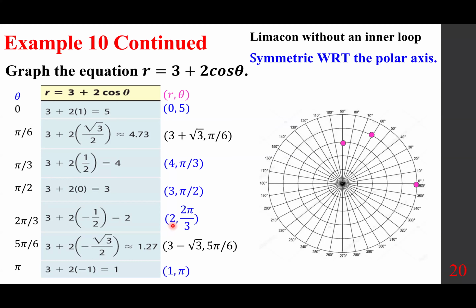Okay, 2 and 2 pi over 3. 2 pi over 3 is 120 degrees. And we go with 2 tick marks here.